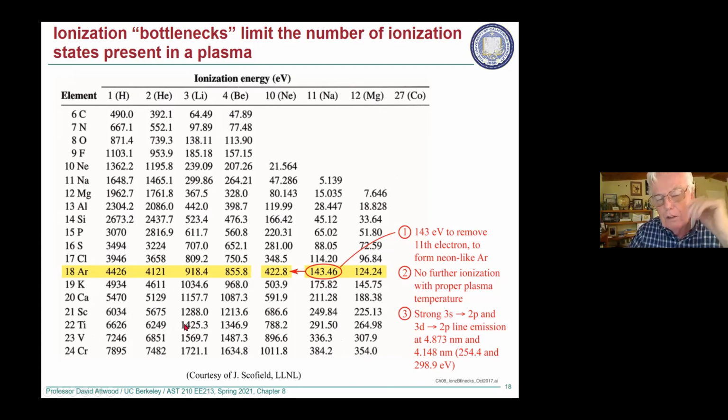So for instance, for probing plasmas, people have used these titanium discs illuminated at high enough intensity to produce an electron temperature of, say, 500 or 700 eV, enough to get rid of all of these, remove the 3rd electron from the titanium. So titanium is 22.